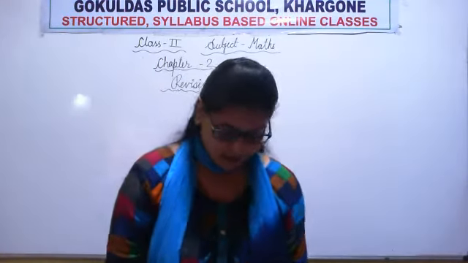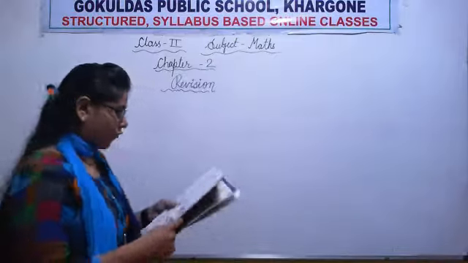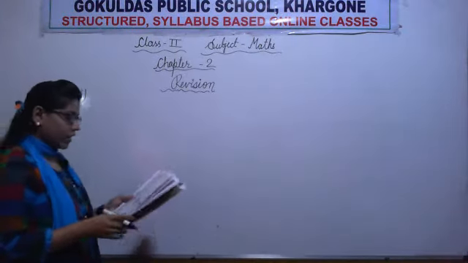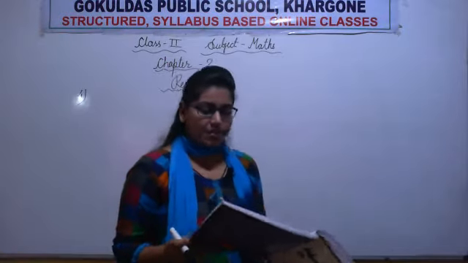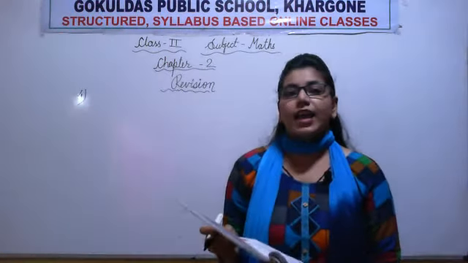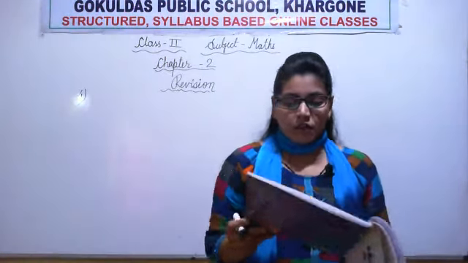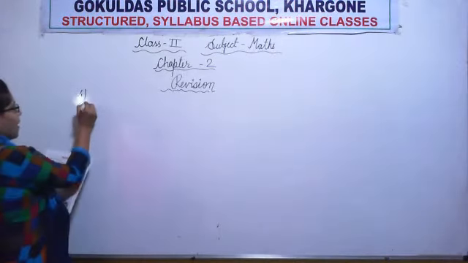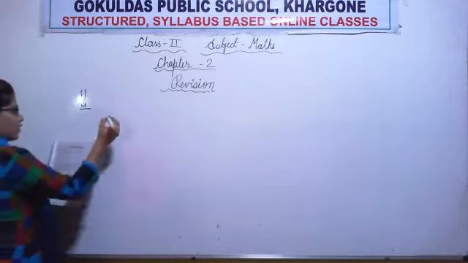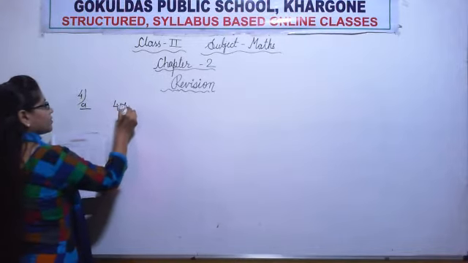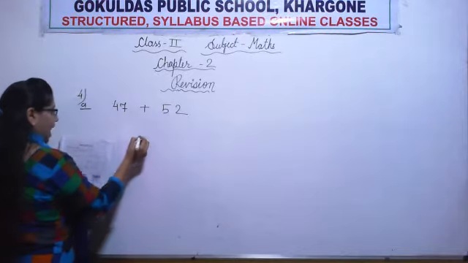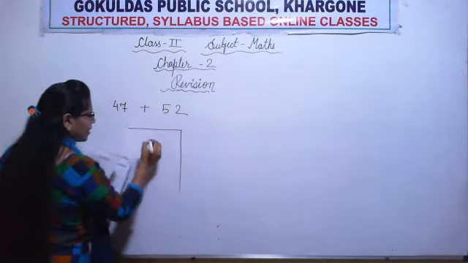Okay. Now, question number 4. What is question number 4? Question number 4 is place the digits correctly and add. So part A, 47 plus 52, and they have given us a table.